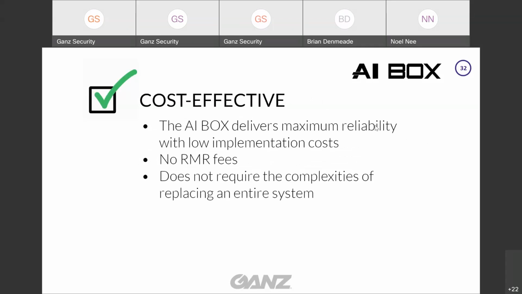It's cost effective. The AI Box delivers maximum reliability with low implementation costs. There's no RMR, so there's nothing diving into your pocket to take a piece of your hard-earned RMR. It does not require the complexity of replacing an entire system. It is a standalone IoT device.